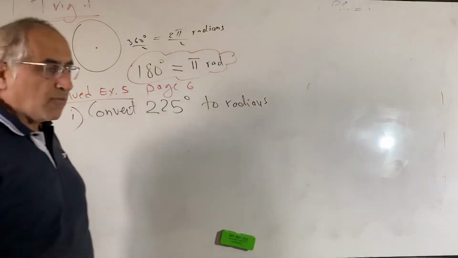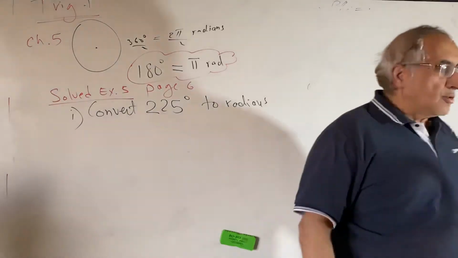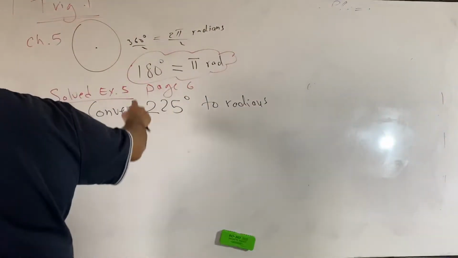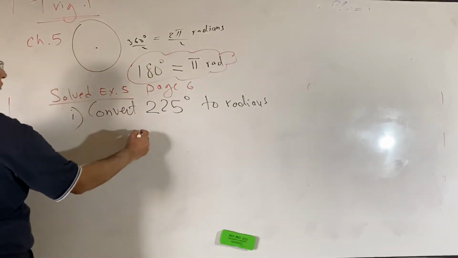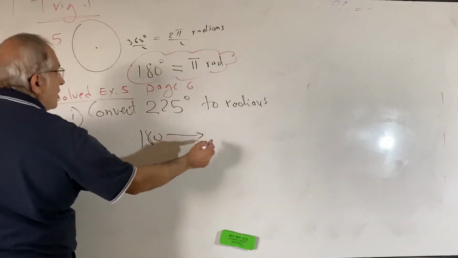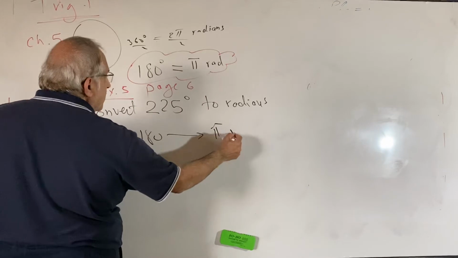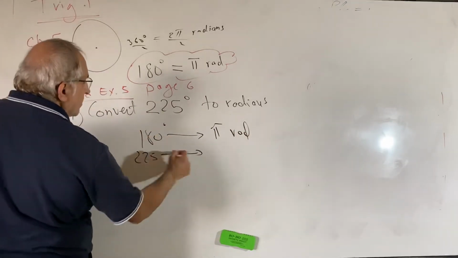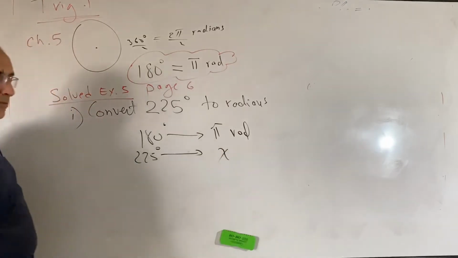Very simple, very straightforward. First step you need to do, just set up this one. So if 180 gives me 1 pi or pi radians, how much would 225 give me in radians?